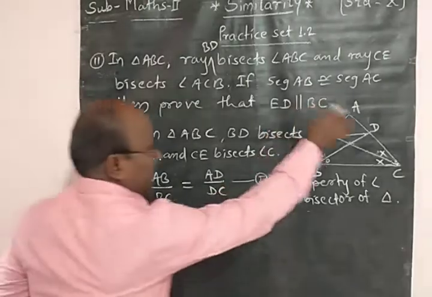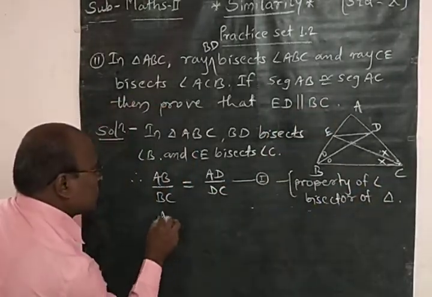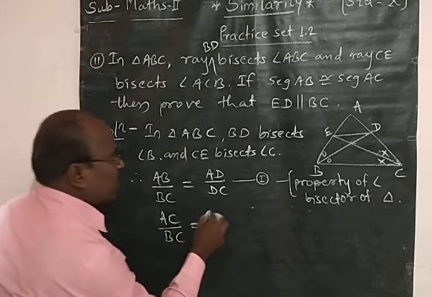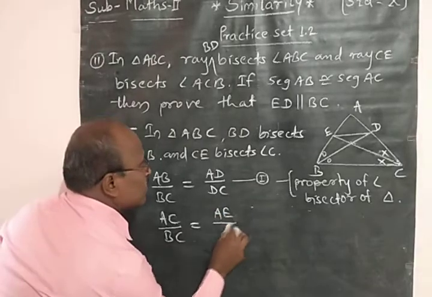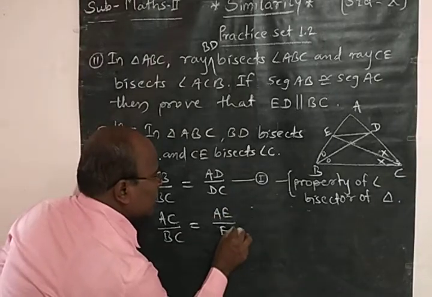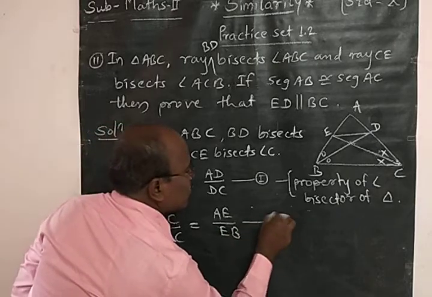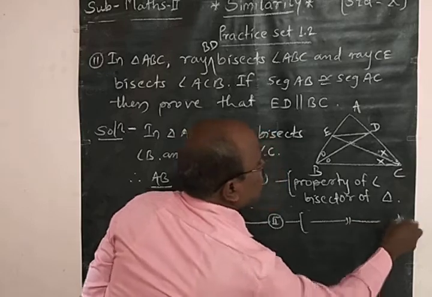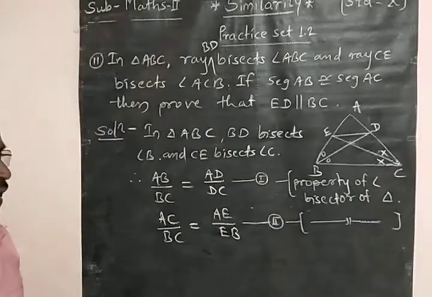So AC upon BC is equal to AE upon EB. Here also, using the same property, write the same reason: property of angle bisector of a triangle.